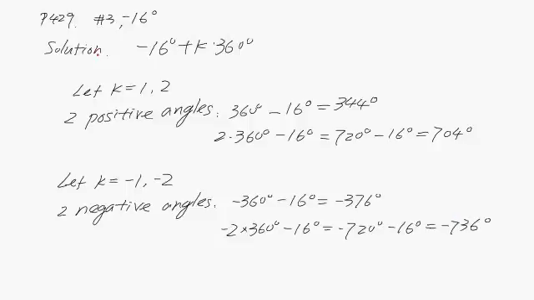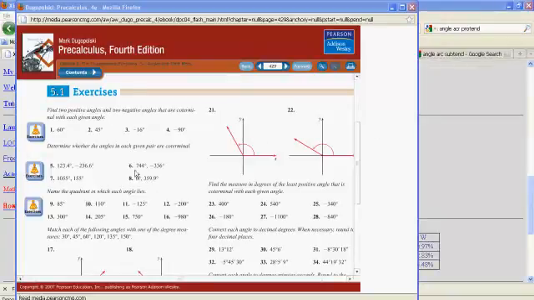Now, we have another type of questions. If we have two angles, how can we tell if these two angles are coterminal? So now let's go to the problem 6. Right now we have these two angles, 744 degrees and negative 336 degrees. Then we need to determine if these two angles are coterminal.